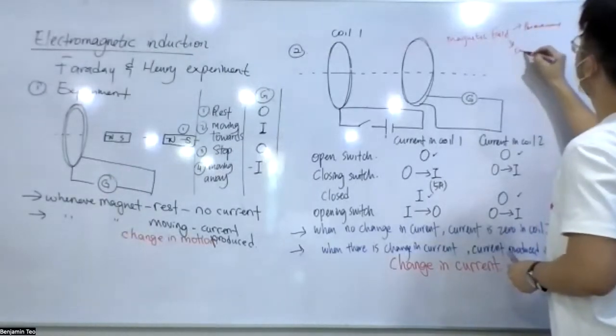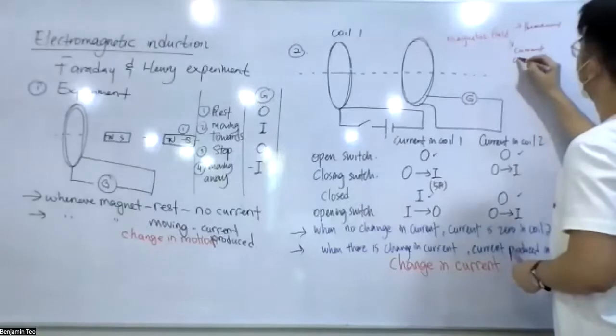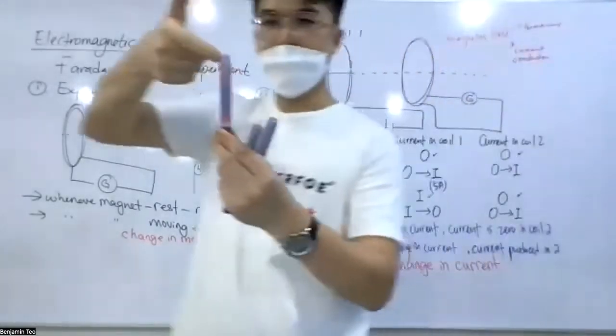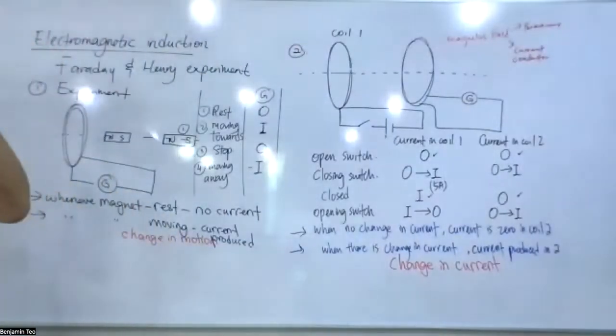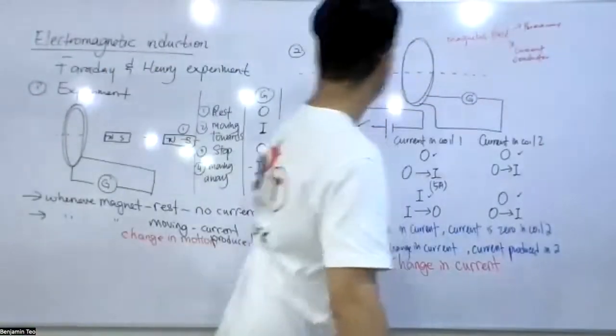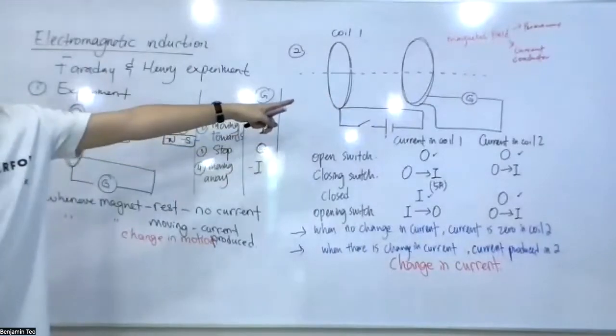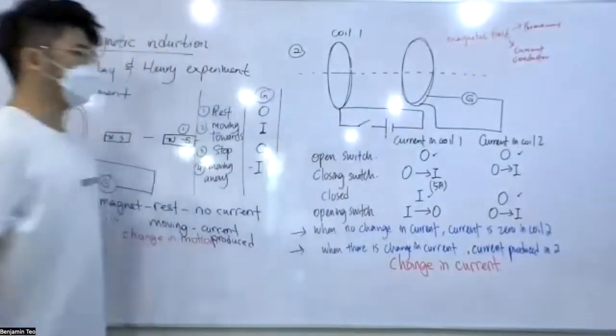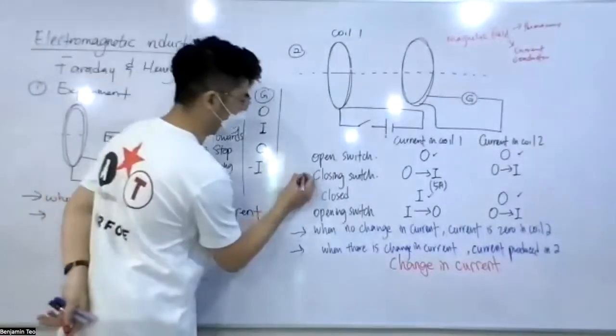Second is by current carrying conductor. If you have a wire with current flowing in it, then you have magnetic field. Right? So two ways to produce it. In this experiment, do we have current? When the switch is open, we do not have current. Let's say I close the switch.